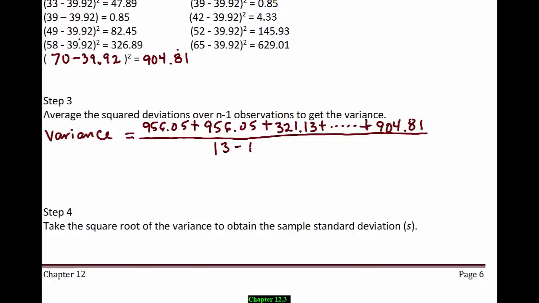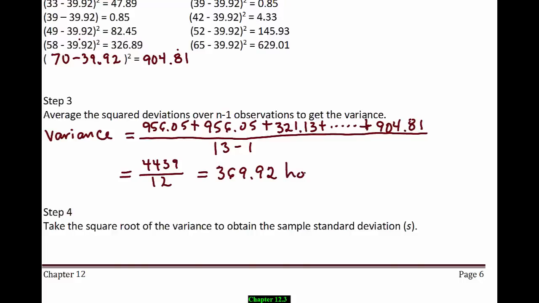So that's 13 minus 1, since there were 13 observations. And this is going to give you 4439 divided by 12, which is 369.92.